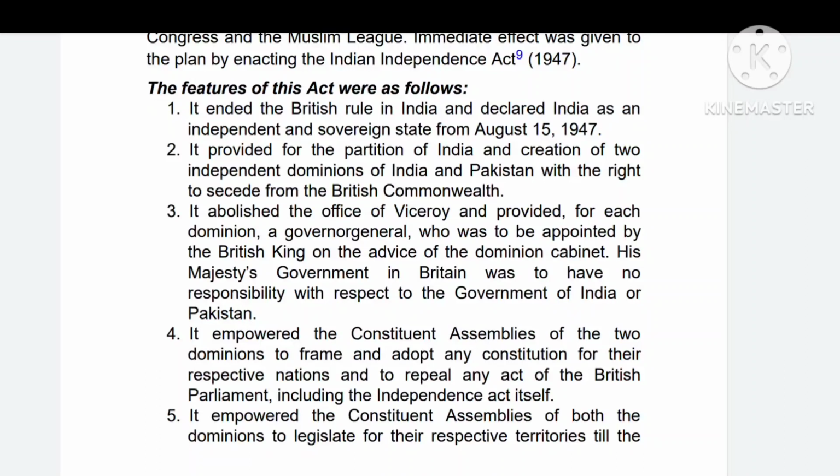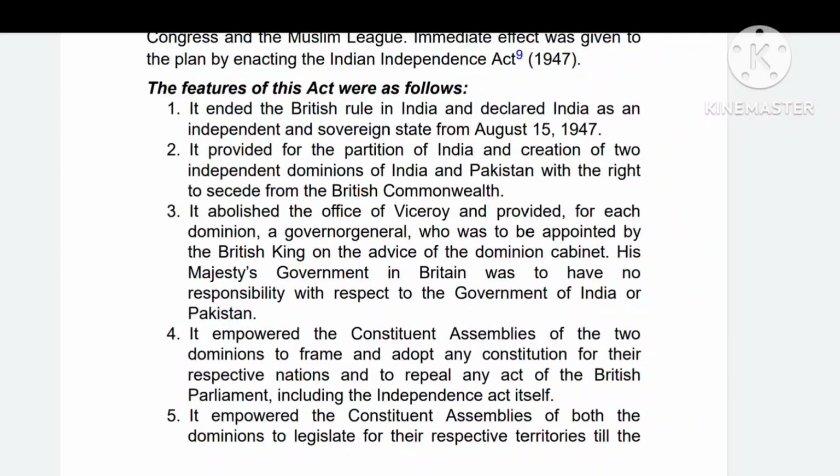Number 3. It abolished the office of Viceroy and provided for each dominion a Governor General who was to be appointed by the British King on the advice of the Dominion Cabinet. His Majesty's government in Britain was to have no responsibility with respect to the government of India or Pakistan.